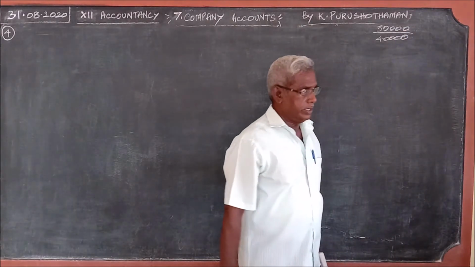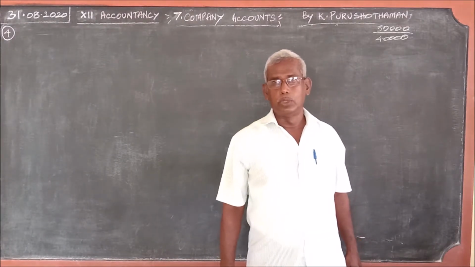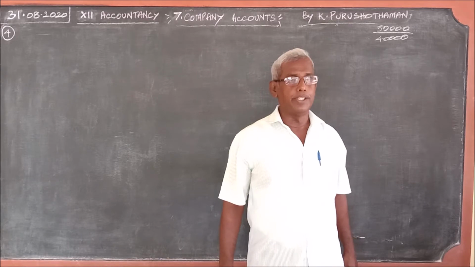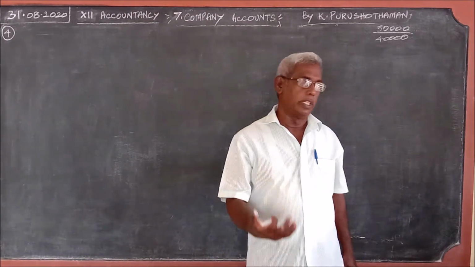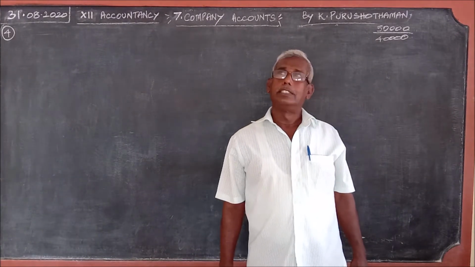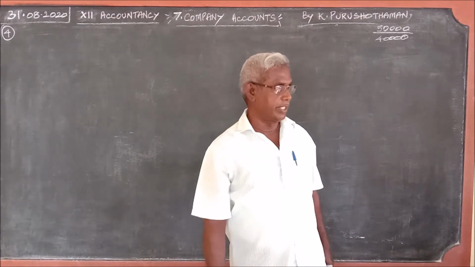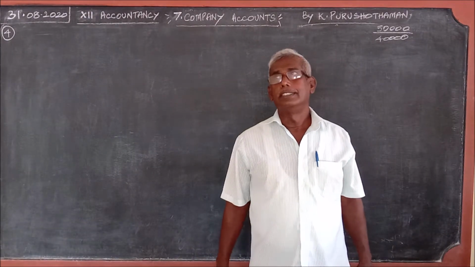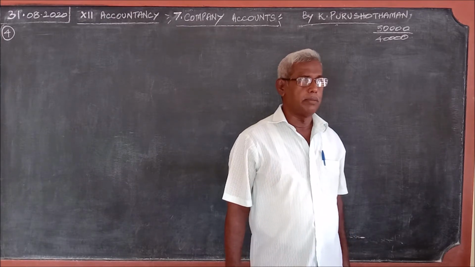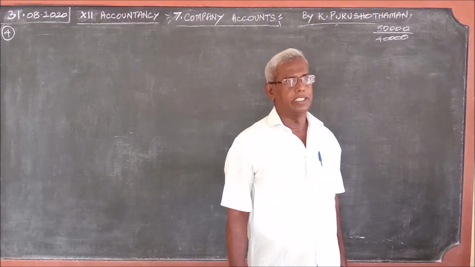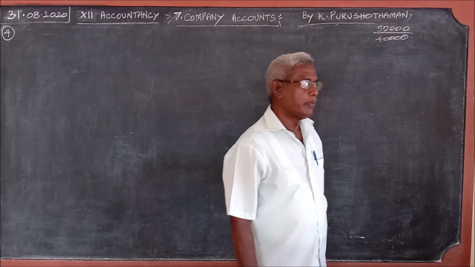In that case, as I taught you in other classes also, there are two methods of allotting the shares. One, the first come will be served first, and the excess share application money will be refunded. Second, nobody's application will be rejected. Everyone will be allotted. How?